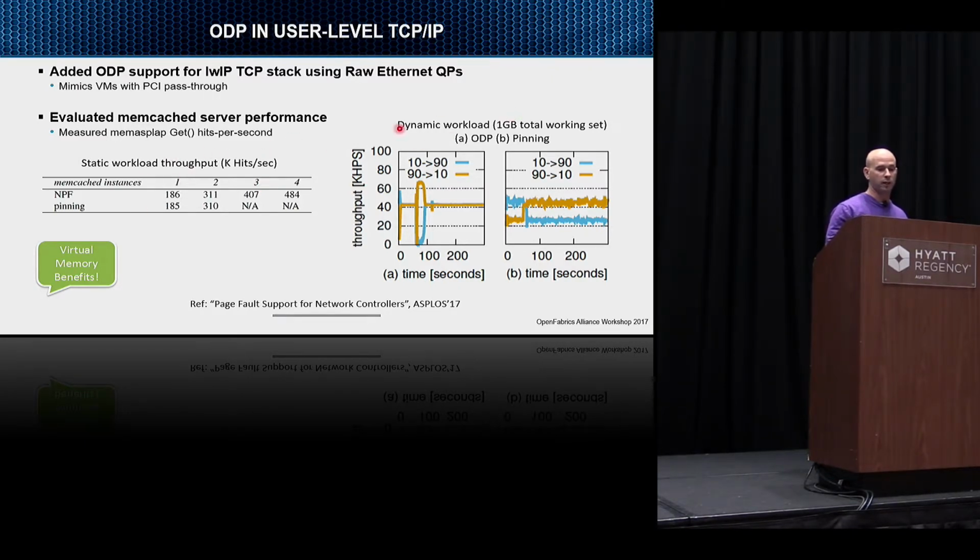So this is a static setting. When we tested the dynamic setting, we took these memcached working sets of 1 gigabyte and played with the payload at different times. At one time, we have one flow that's accessing around 10% of this gigabyte, and then increasing to 90%.